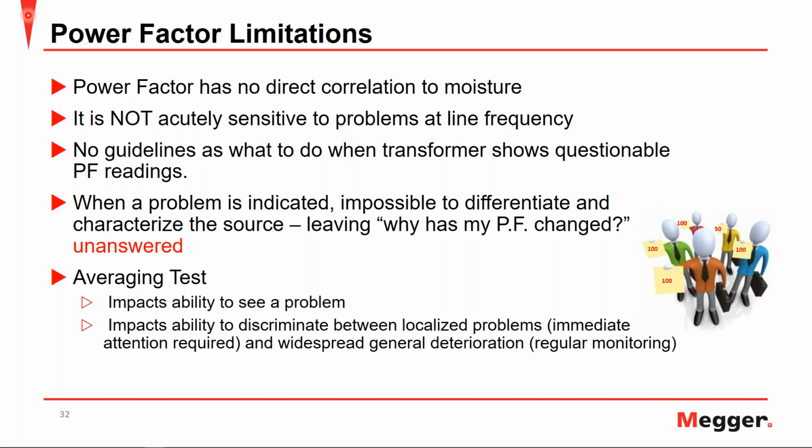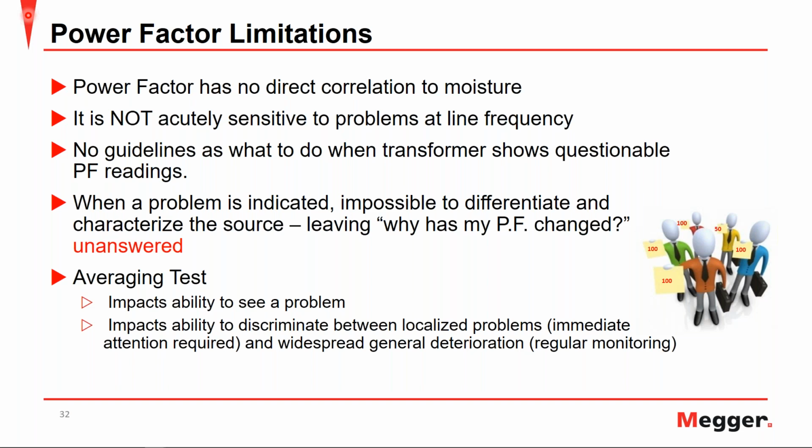So we saw that this IEEE C57.152 nominal and new limit is 0.5 for transformers of less than 230 kV. So what happens if you get a power factor of 0.5 or maybe even 0.6? Do you get rid of the transformer at that point? There's no real defined next step.